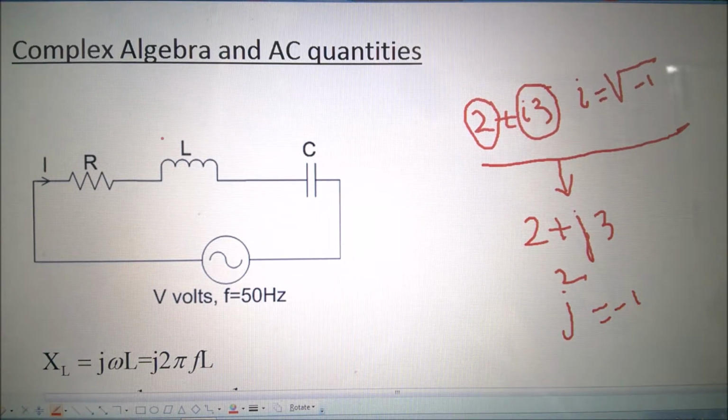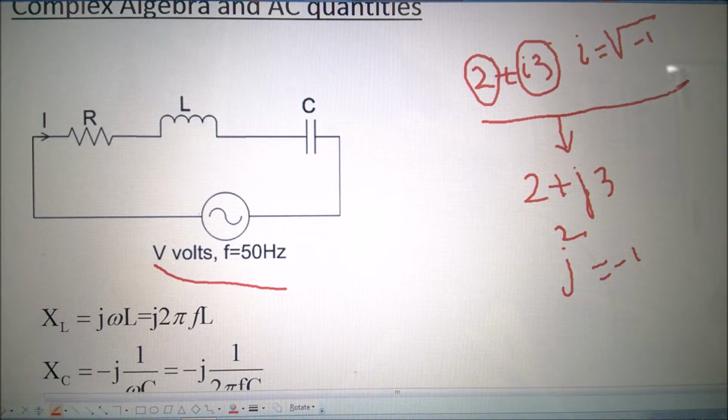Now, let us consider an RLC circuit supplied by a voltage V with a frequency of 50 Hertz. Already we know that if we know the inductance, then we can find the inductive reactance with this formula.